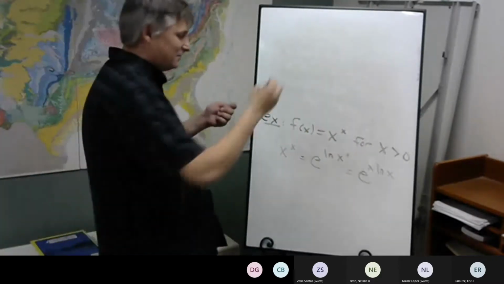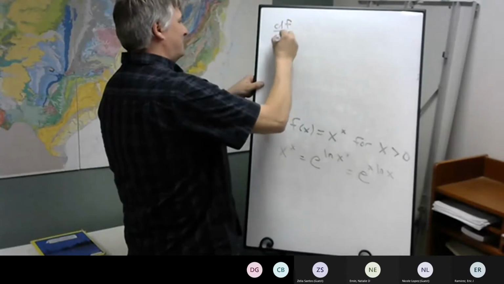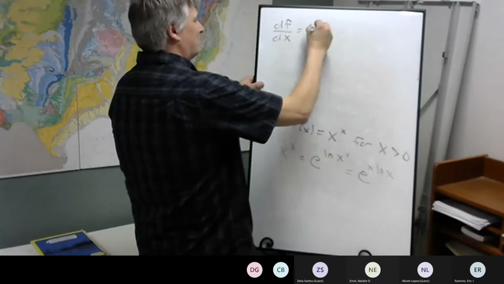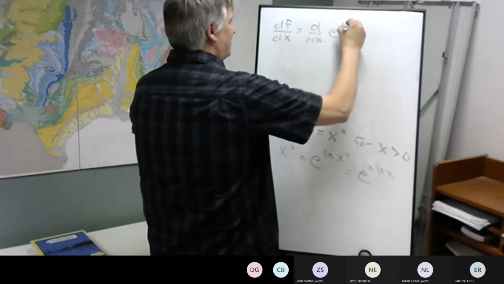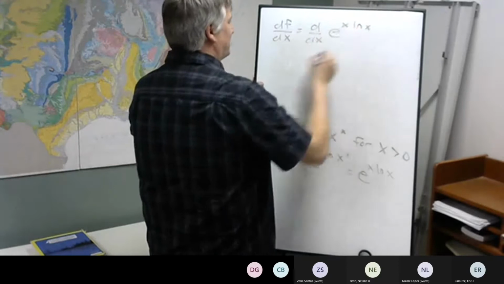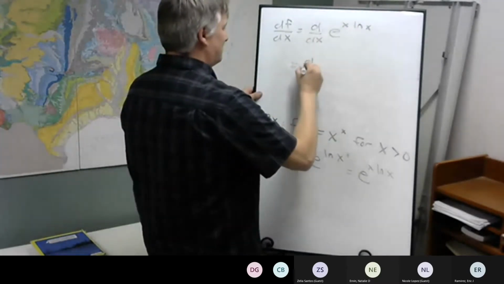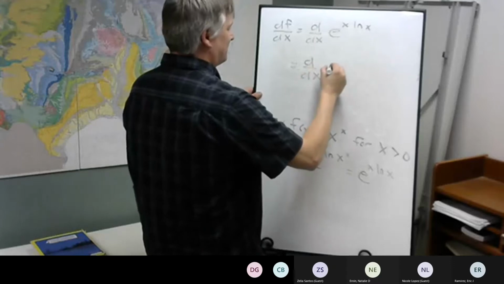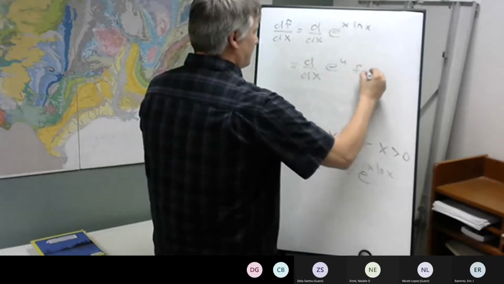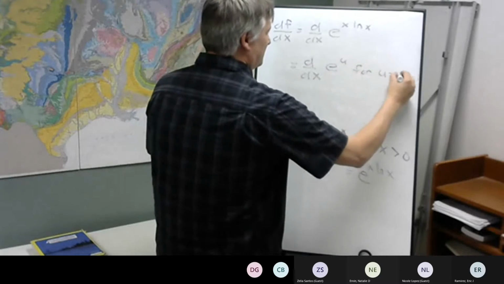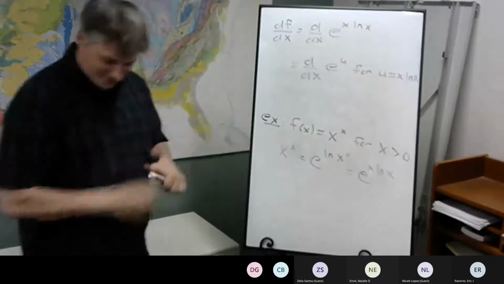So again, what we can do, df/dx will be the derivative of e to the x natural log of x, and we'll let this be e to the u, where u is x ln of x.